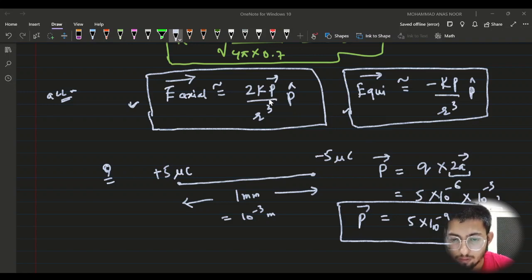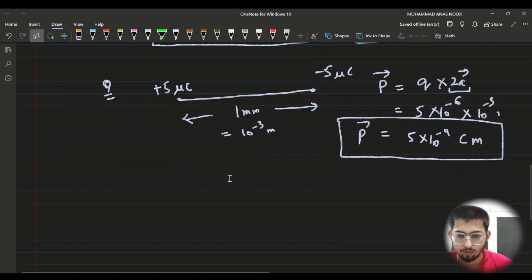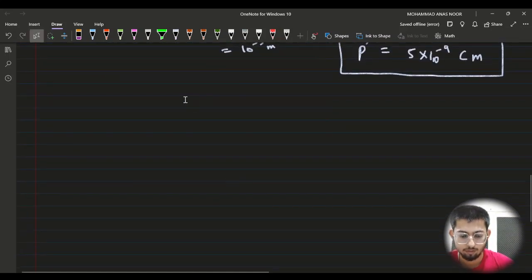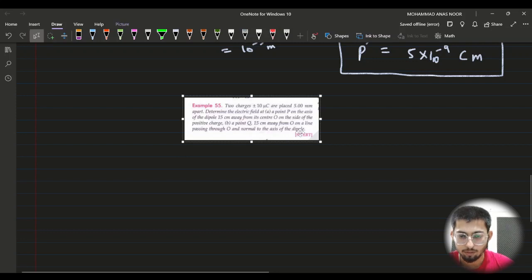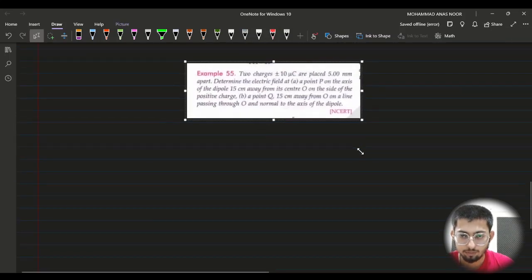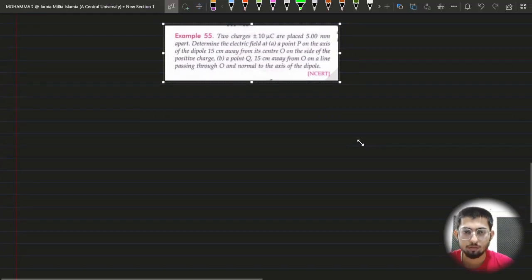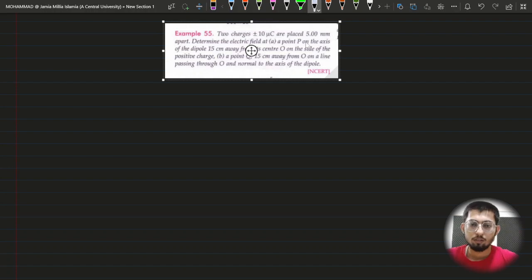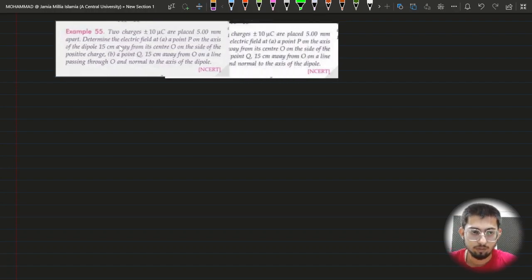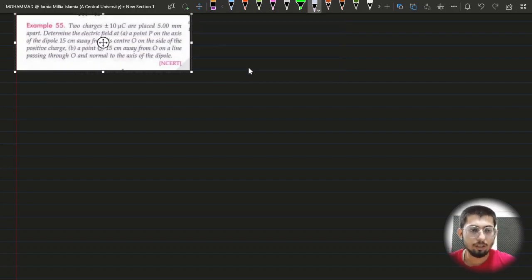Let me try to copy it. This is number 55. Two charges are placed 5 millimeter apart, plus and minus 10 microcoulomb.